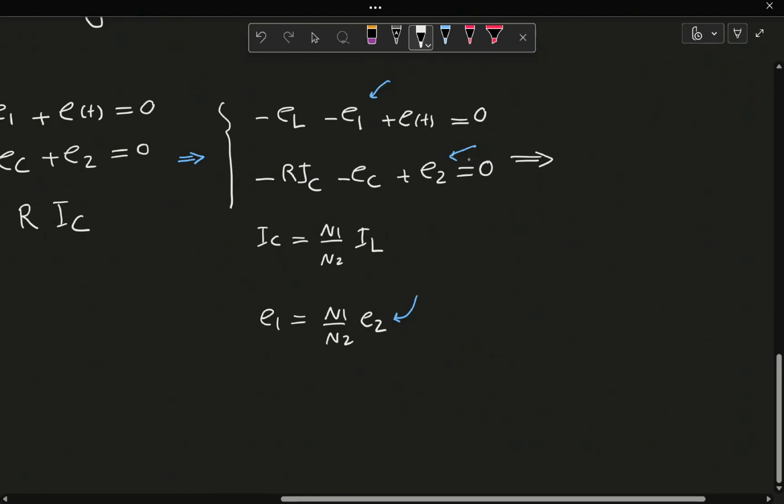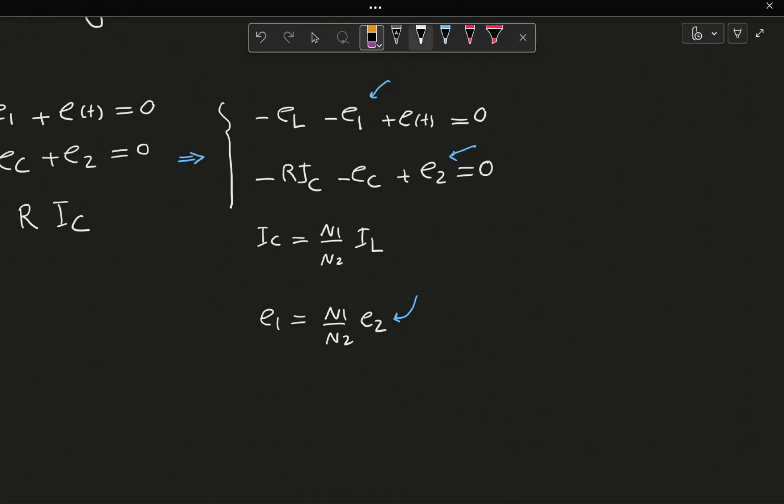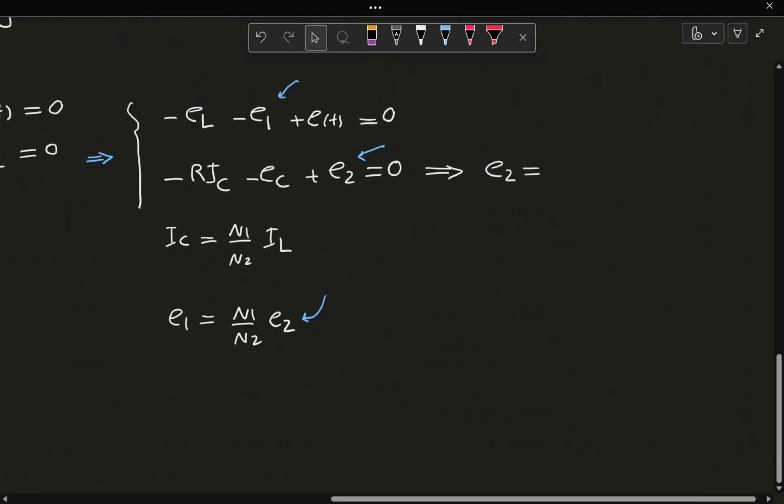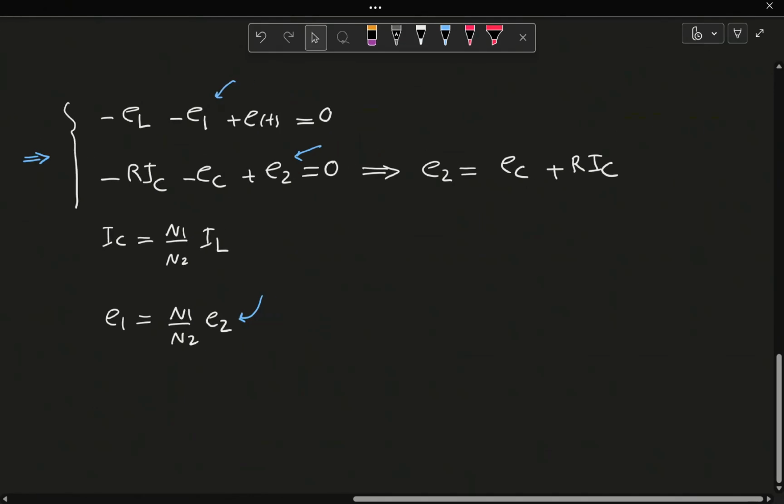From the second equation, I'm going to solve for E2. My E2 is in fact equal to EC plus R IC. IC is not a good term, but EC is a good term. For IC, I'm just going to substitute the equation from the transformer.